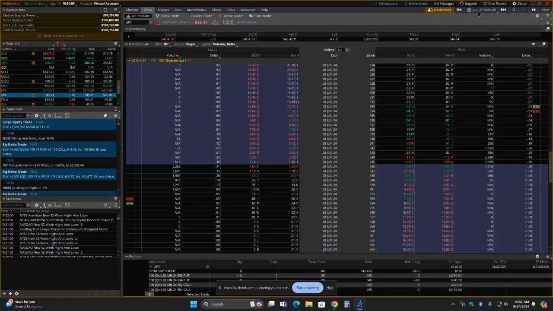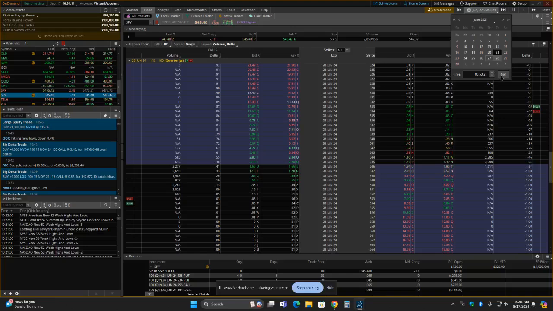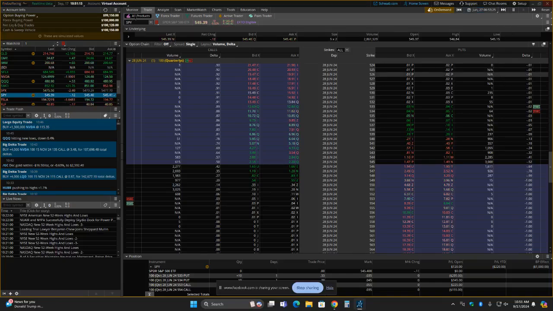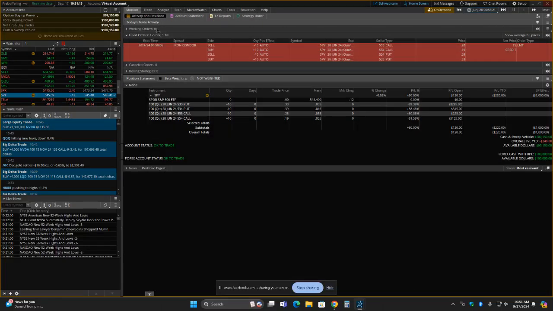So I'm going to fast forward until Friday about the same time, and we'll look at how much profit we collected. It takes about 10 to 20 seconds more. So this actual trade worked out.